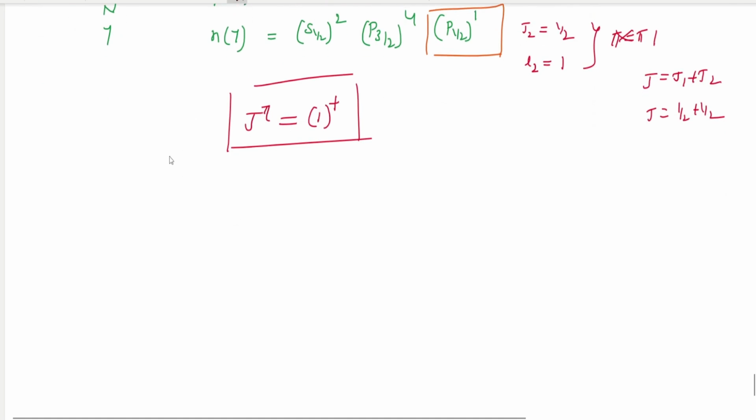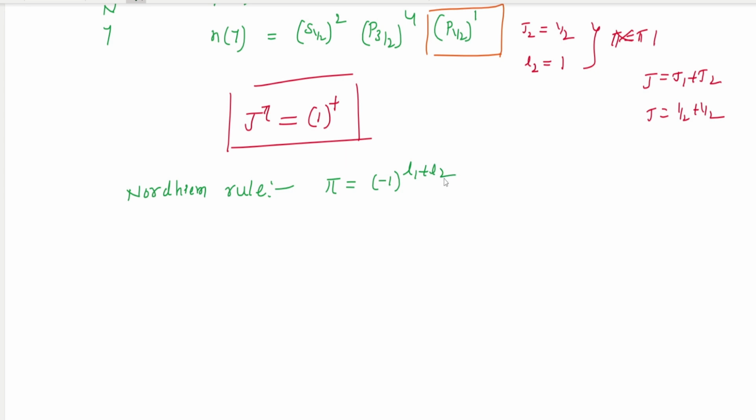So this is one rule that is there here: rule 1, L1 plus L2. So according to this rule, if you add, for example, J1 plus J2 plus L1 plus L2, you add like this.